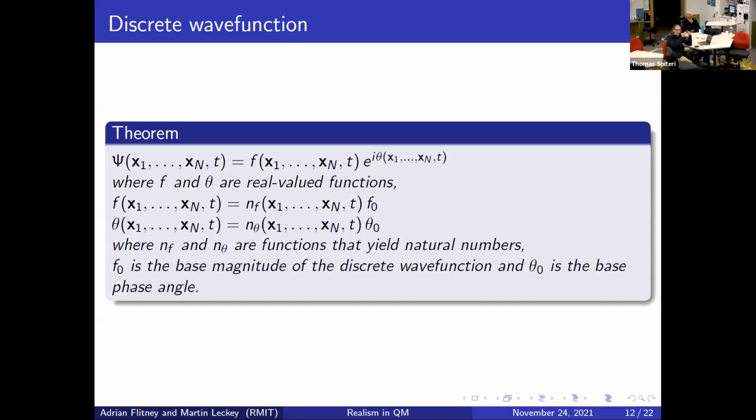And of course, these natural numbers n_f and n_theta are functions of the positions. Here I've written down a wave function of n particles with positions x1 to xn, and of course time. So n_f and n_theta will be functions of those positions and of time. Next slide.